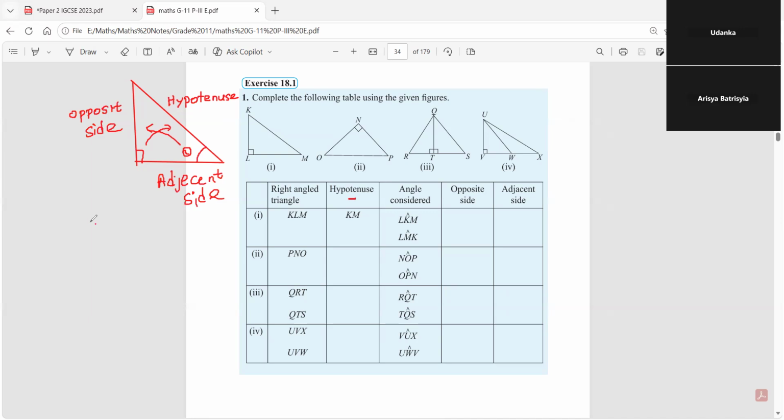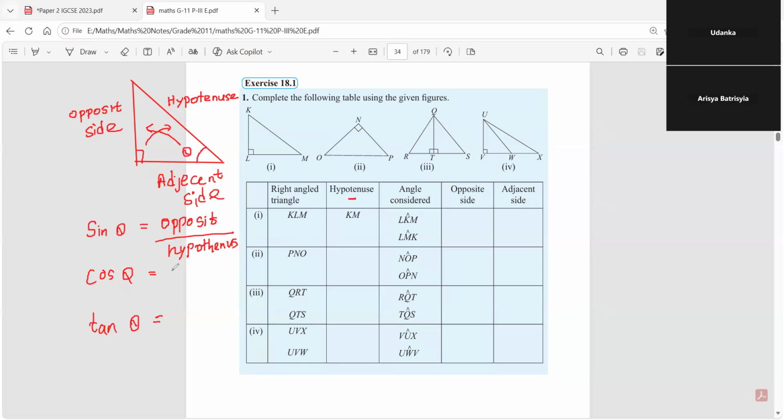Now they have sine, cos, and tan. What is sine? Sine is always opposite side over hypotenuse. What is cos?